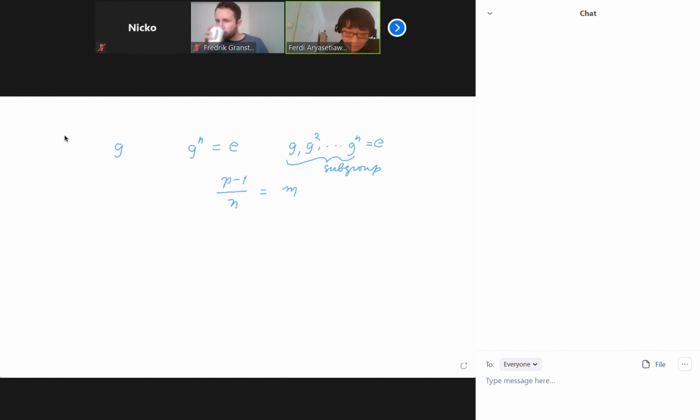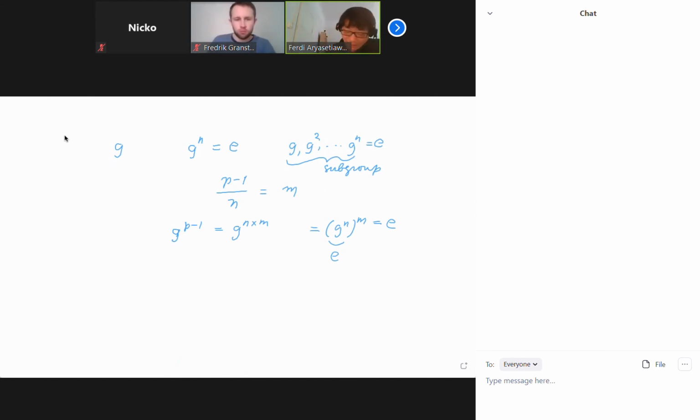So then g to the p minus 1 must be equal to g to the n times m, which is equal to g to the n, to the m. But g to the n is equal to e, so this is equal to e. So that's another way of proving the theorem, but what you did is also fine.